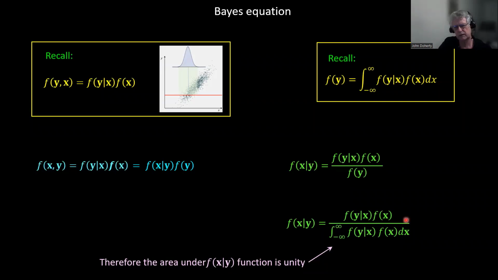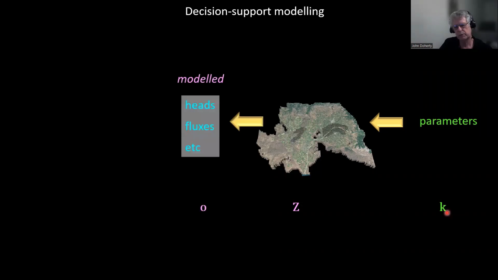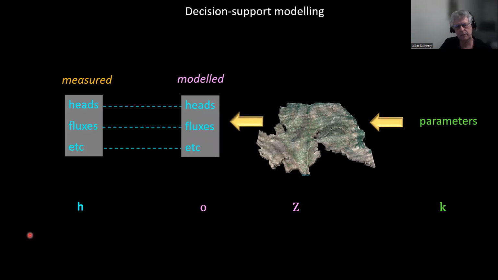Okay, what does this mean and how do we apply it? Let's just recall the context that we're working in. We've got a model and it encapsulates numerically processes, which I have denoted up until now using the matrix Z, processes that operate on parameters which I've denoted as filling the vector K. The model produces outputs. For some of those outputs, I have field measurements.